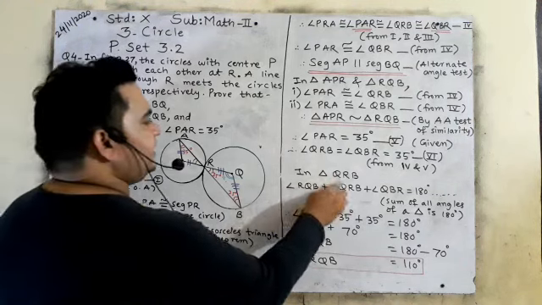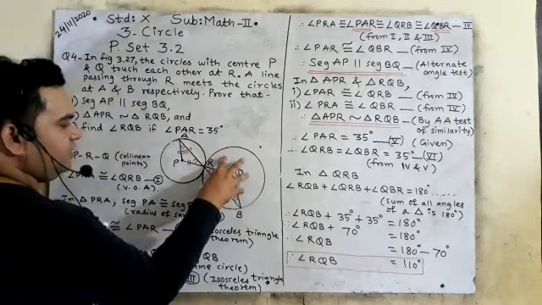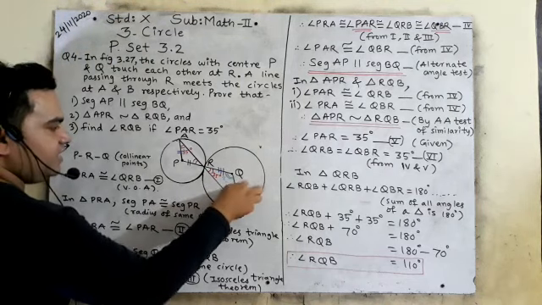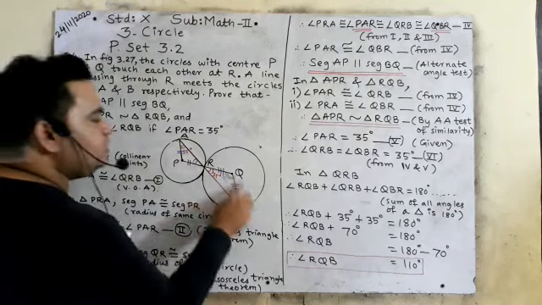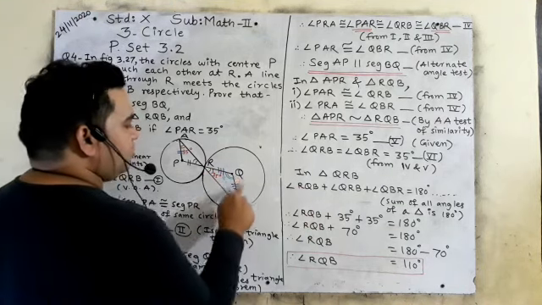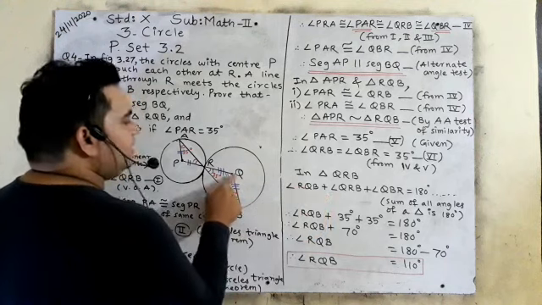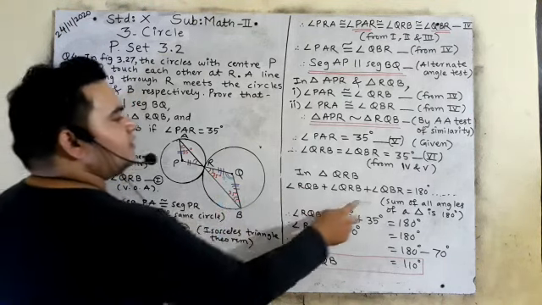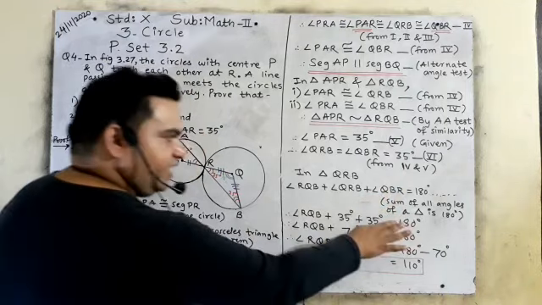Now in triangle QRB, we will focus here only because we want to find angle RQB. Now we will do the sum of all the three angles: angle RQB plus angle QRB plus angle QBR is equal to 180 degree.